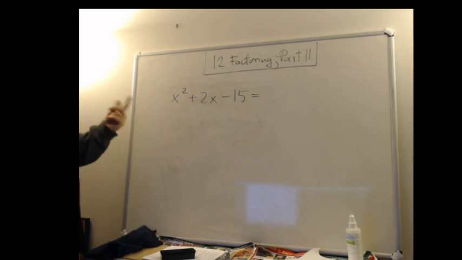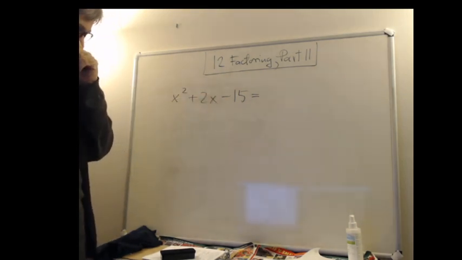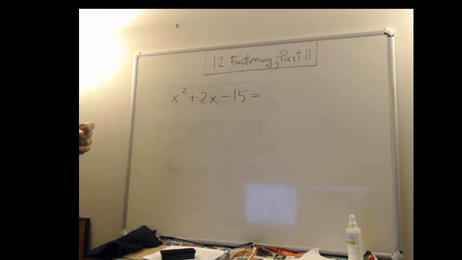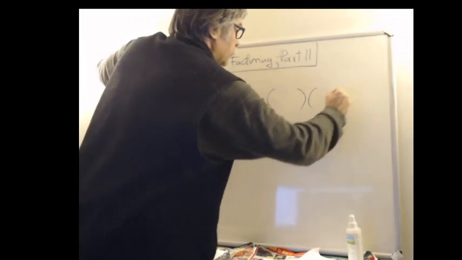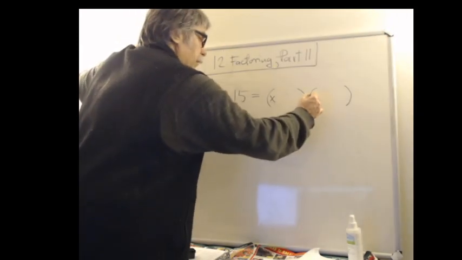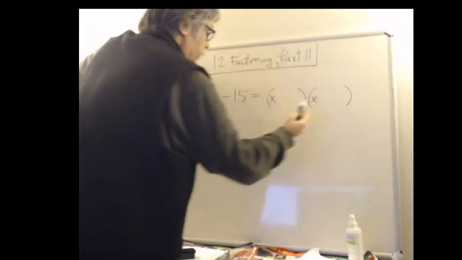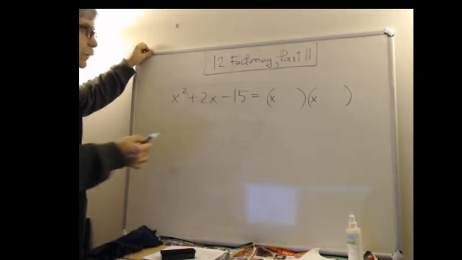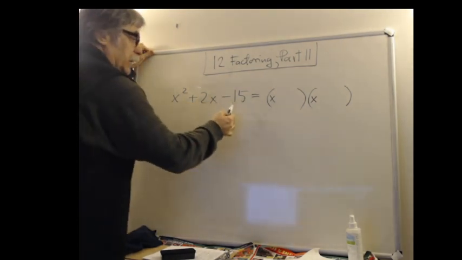And once again, I don't have a common factor. I have an x times x here, and this one doesn't have any x, so I cannot do any common factor extraction. But I'm going to try to do the factoring by using this idea that I just said: you're going to have an x here, an x here, and now you're going to have in this place and in this place two numbers whose product will have to be negative 15.